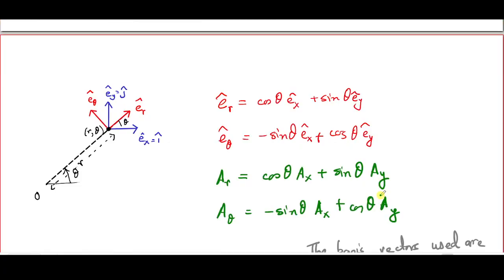Well, just to recap, this is basically how you set up basis vectors in the polar coordinates. The standard basis vectors that you study in, say, first year in college.